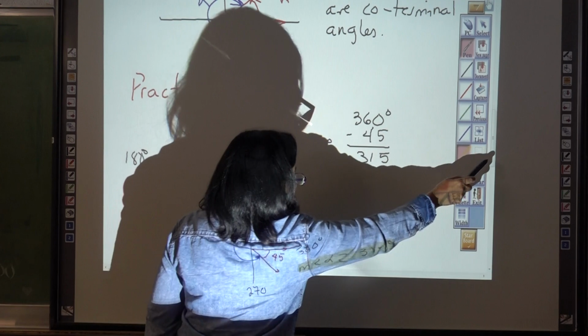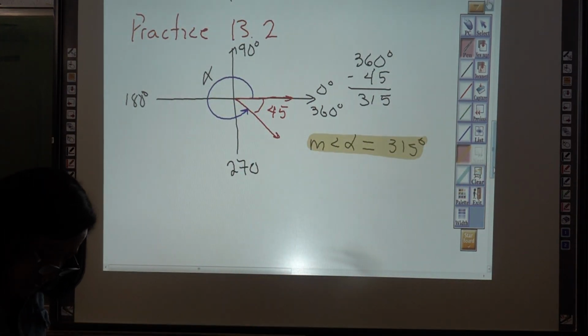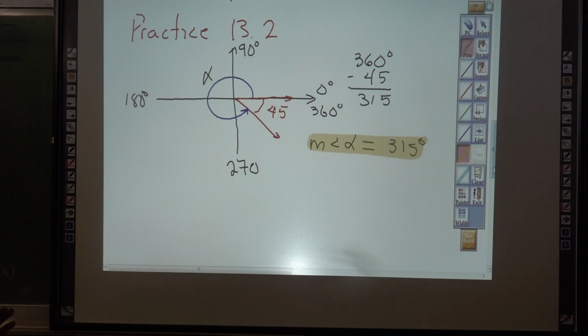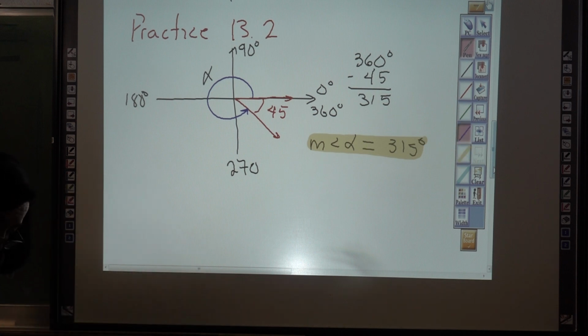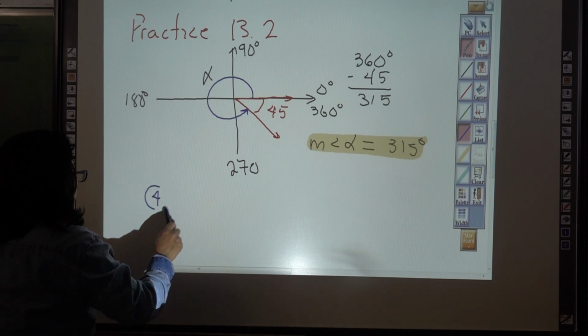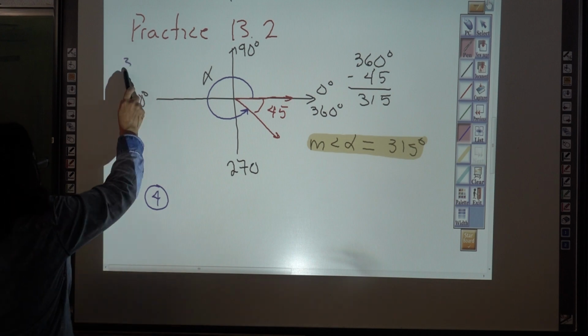Okay, you use it. Another kind of problem I'm going to solve in this one is where you sketch the angle. They're going to give you a set of angles, the measures of the angles, and you have to sketch them. For example, problem number 4. The one you just did is number 3.